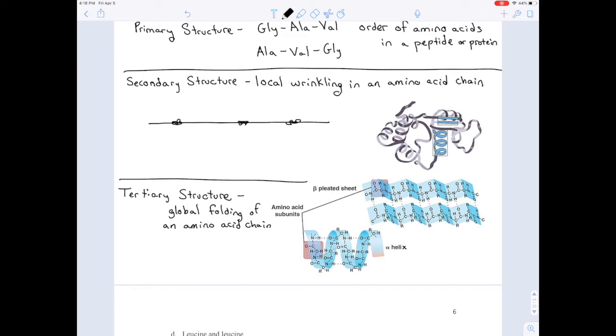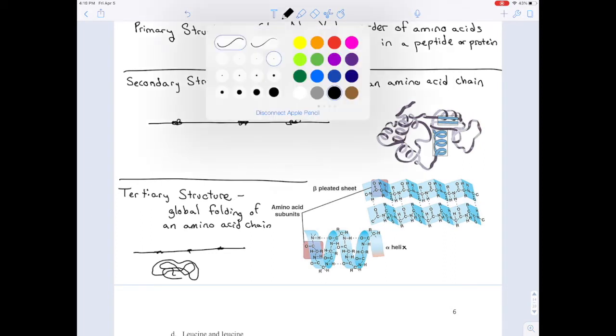So if the original amino acid chain was just a line with little wrinkles, the new amino acid chain will fold on a global scale. The whole thing will start to wrinkle around and make this folded thing. So it's a global folding. The entire amino acid chain folds up. That's the tertiary structure.